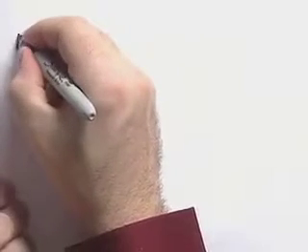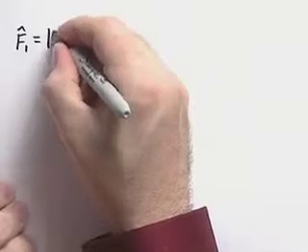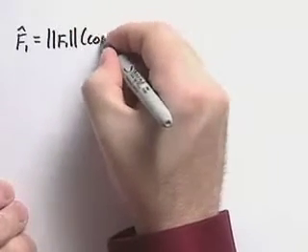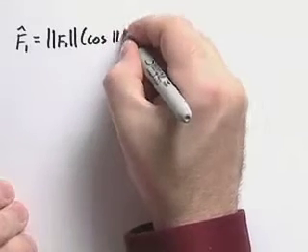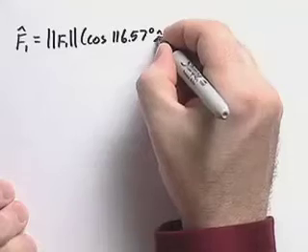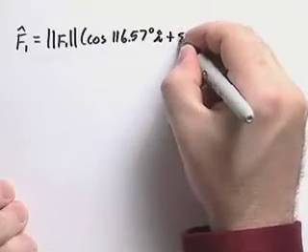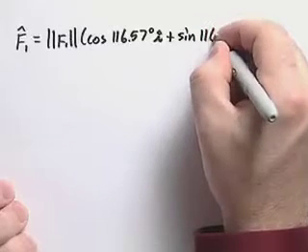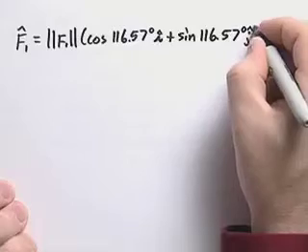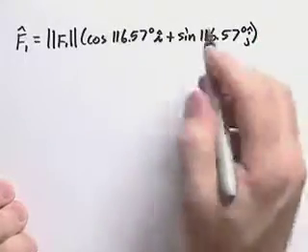So we're going to get that force 1 is equal to the magnitude of force 1 times the cosine of 116.57 degrees with the unit vector i, plus the sine of 116.57 degrees times the unit vector j. So we have our horizontal and vertical components.